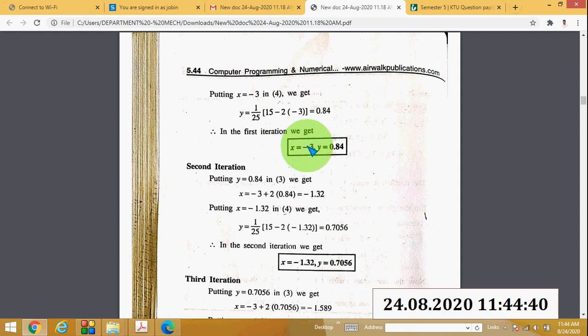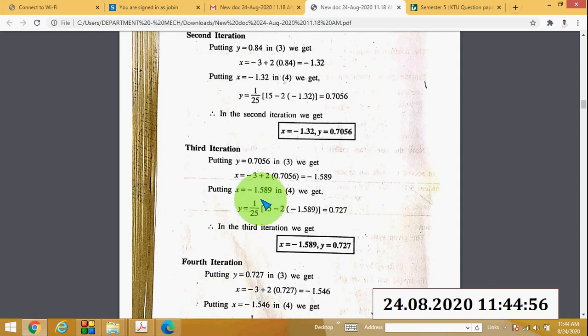So after the first iteration the value of x is equal to minus 3, after the second iteration x is equal to minus 1.32. After the first iteration the value of y is equal to 0.84 and after the second iteration y is equal to 0.7056. Then similarly the third iteration. Now x equals minus 1.32, y equals 0.7056. First put the value of y in equation number 3.